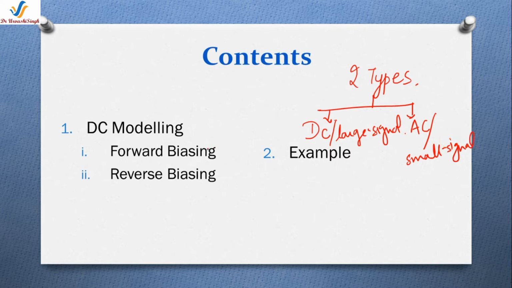And in this video you will study the large signal or the DC modeling of the diode in forward and reverse biasings. Moreover, I will explain the usage of this DC modeling to calculate the current and voltage in the circuit by taking an example.